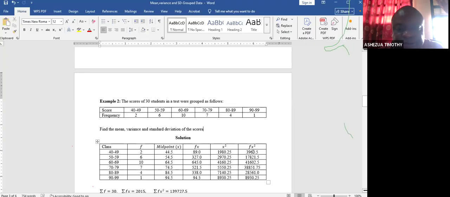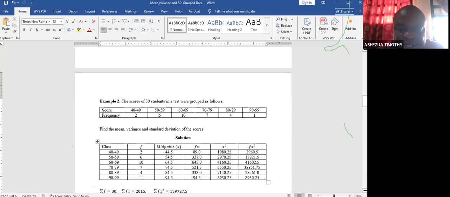Then the next value: 6 times 2970.25, multiply these two together, gives us this value, and the procedure follows down to the last class. The last class here is 90 to 99.